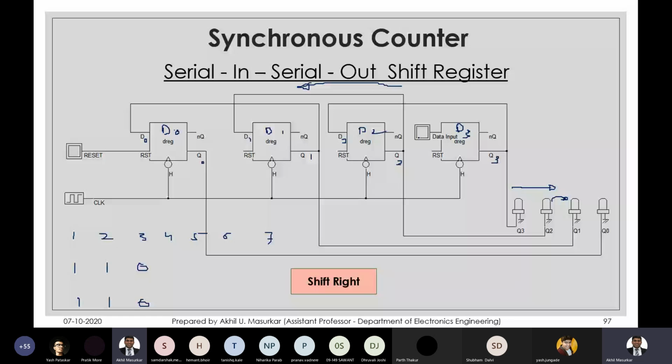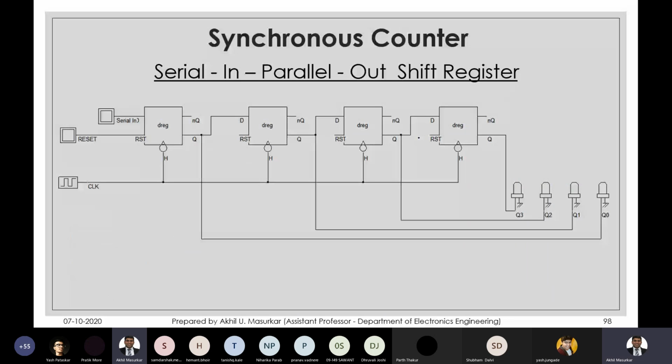That is the serial in parallel out shift register. So you can see serial in parallel out is something similar to the left shift register. So what you do is we have clock number 1, 2, 3, 4 and 5.